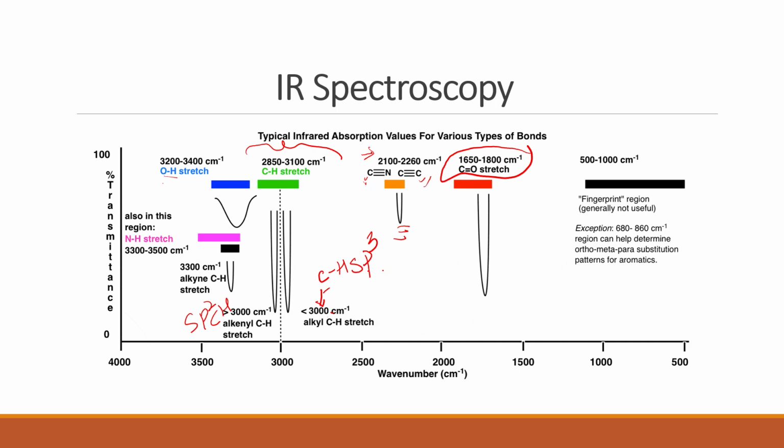The OH stretch is usually broad and is between 3200 and 3400. If you have a terminal alkyne, it shows up at 3300. The NH peaks also show up around this region. So these are the most important ones.